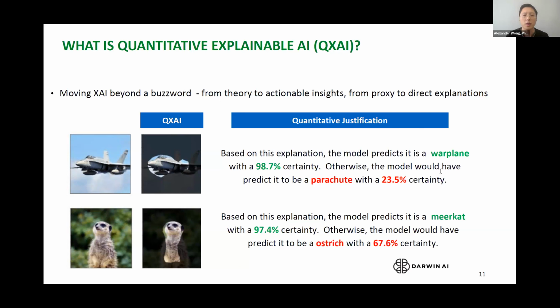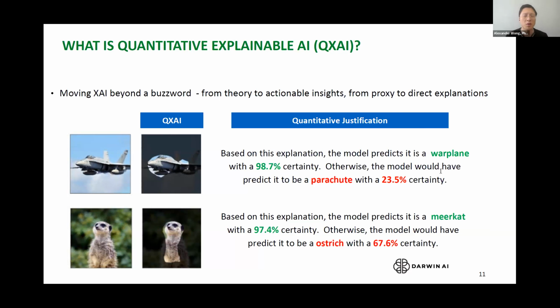And not only that, it provides a quantitative justification around it. Based on this explanation, the model predicts it is a warplane with 98.7% certainty. So it's really sure about it. Otherwise, the model would predict that it's a parachute with 5% certainty. So as you can see, not only do you know exactly what the factors were that led to the decision, you also have a deeper understanding of why it leveraged that to make the decision and not something else.